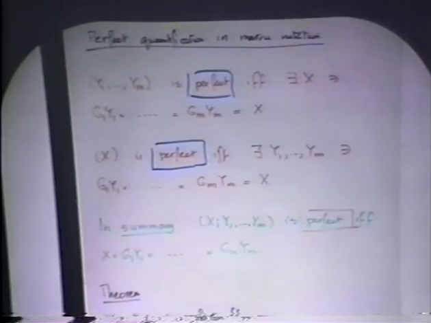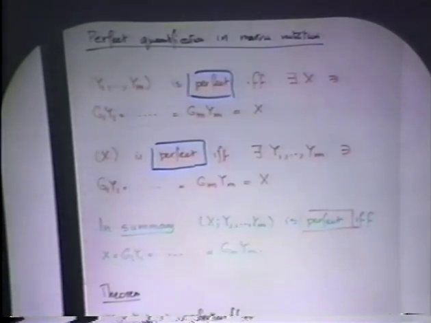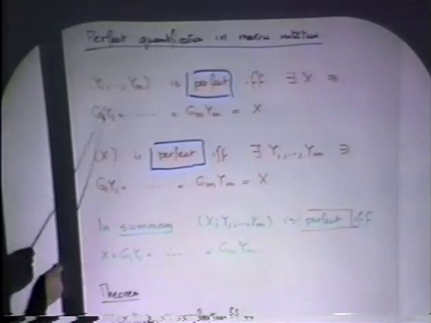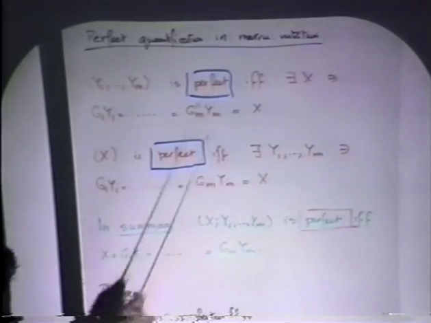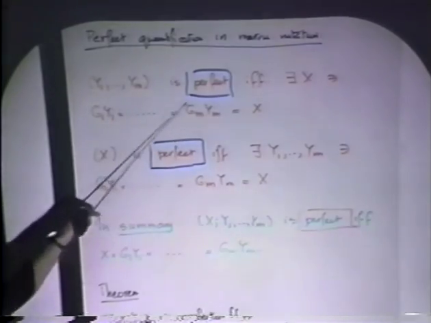Such a quantification is perfect if there exists a matrix of object scores, a matrix of object quantifications, such that this is true: G_1 y_1 equals, and so on, G_m y_m equals x. In other words, if and only if these matrices here are equal.